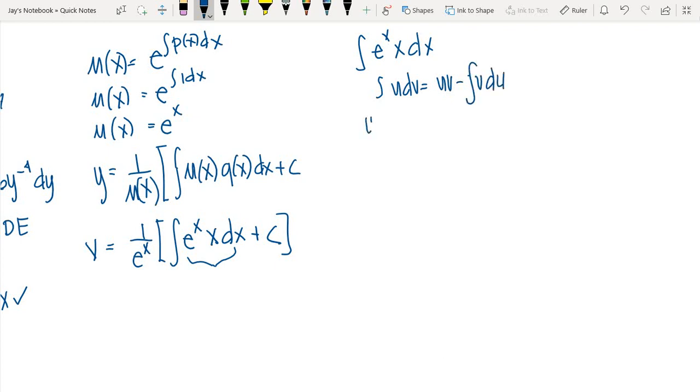In this case, our u is equal to x, our du is equal to dx, and our dv is equal to e^x dx, then our v is equal to e^x.